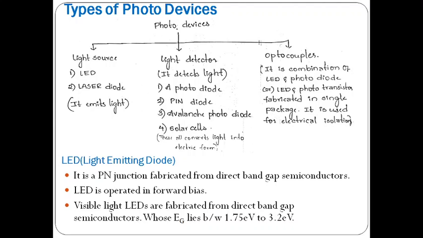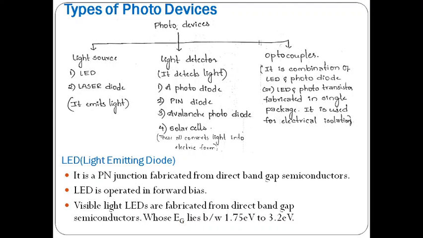This LED operation is similar to the normal p-n junction diode. So LED is also operated in forward bias. Visible light LEDs are fabricated from direct band gap semiconductors whose energy gap lies between 1.75 electron volt and 3 electron volt.